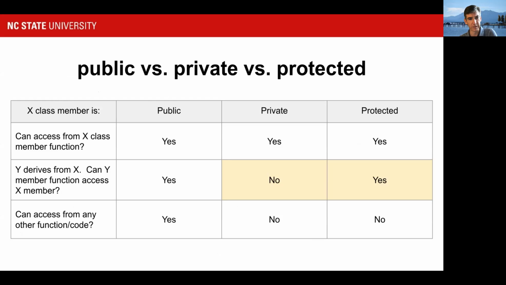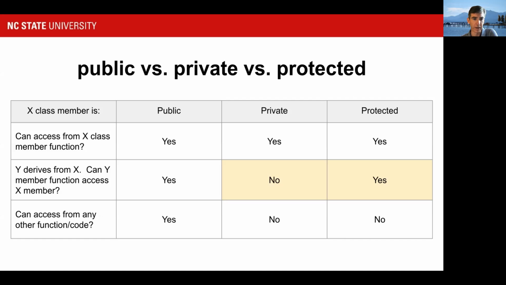Is it possible to access this member from a member function of class X? For public, yes, I can access it in a member function of class X. I can also access a private member from a member function of class X, and I can also access a protected member from a member function of class X.